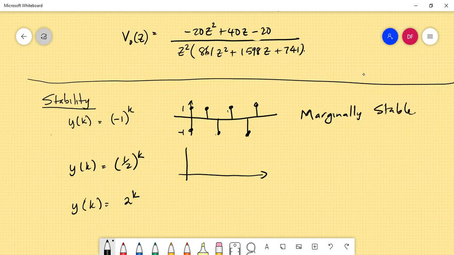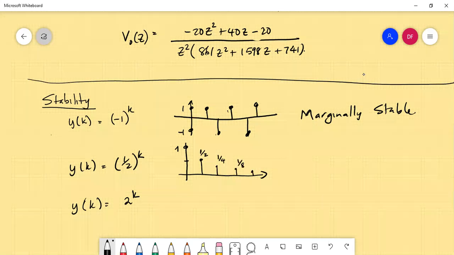If you have half to the k, the first value is going to be 1. The next value is going to be a half. The next value is going to be a quarter. The next value is going to be 1/8, and so forth. So by the definition of stability, this is trending downward.